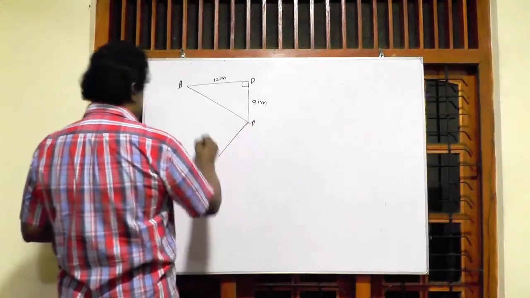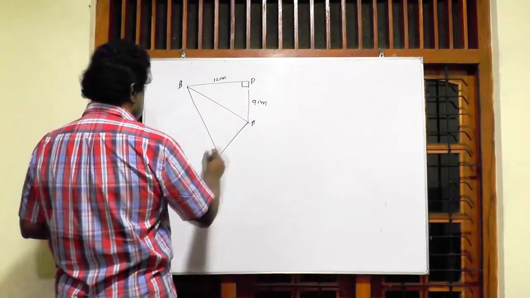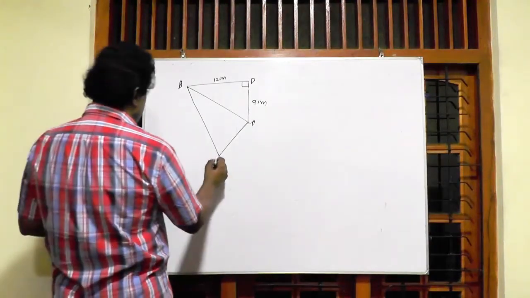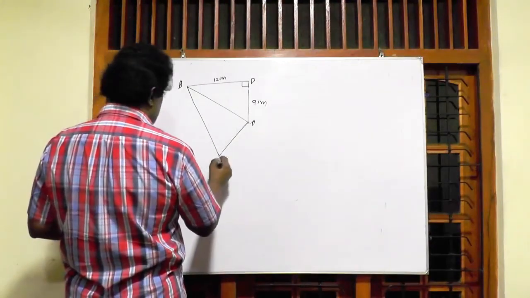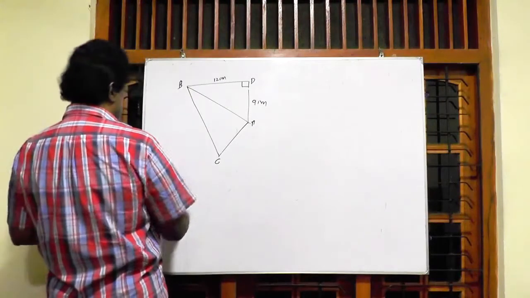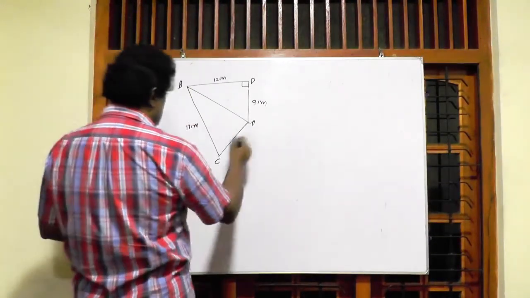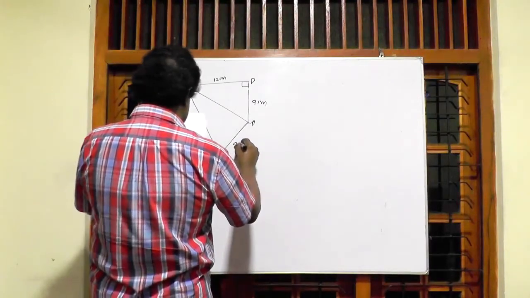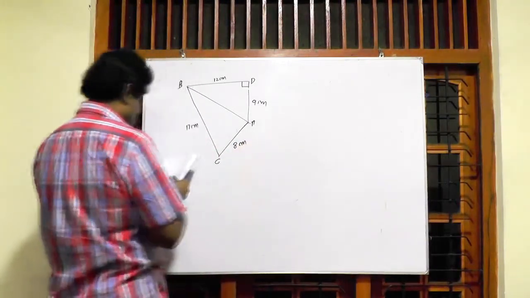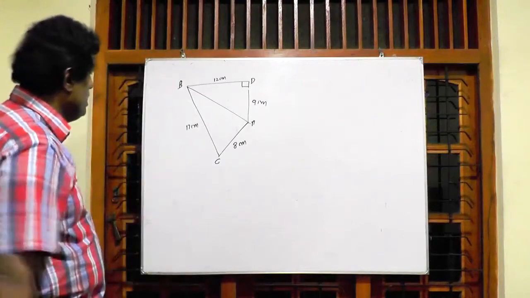Then another triangle is drawn on side AB. The name of this triangle is ABC. The length of side BC is given as 17 centimeters. The length of AC is 8 centimeters. Right, so that is angle BAC.